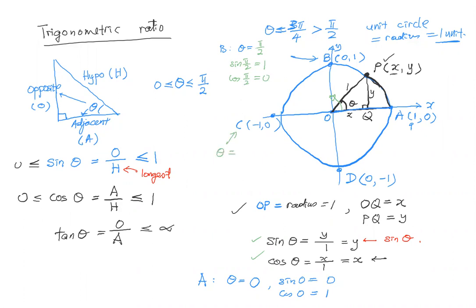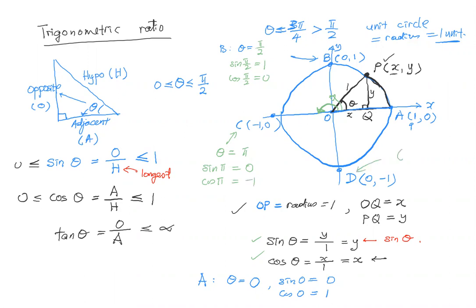When it turns from here to here. Pi. So can you please tell me sin pi? Zero. Cos pi? -1. Good.